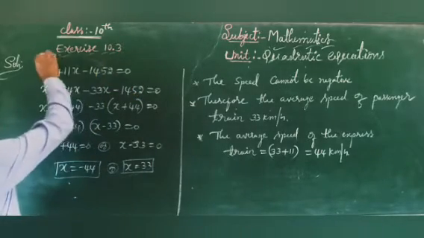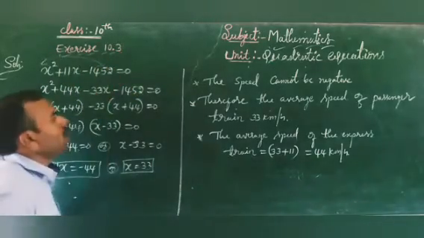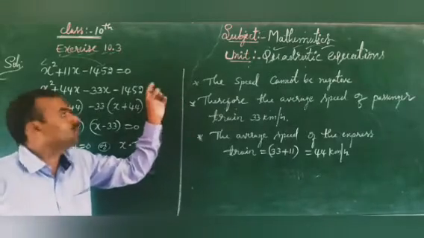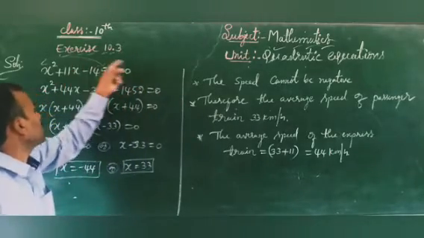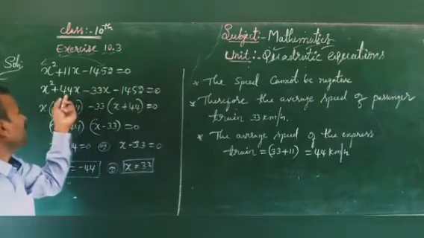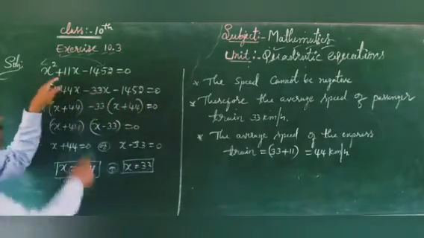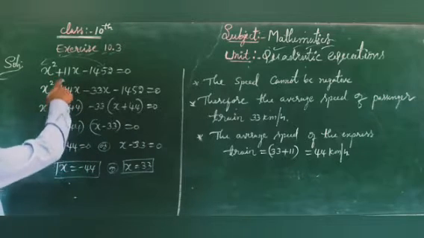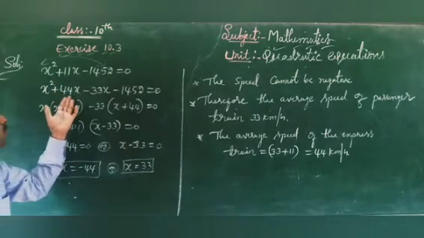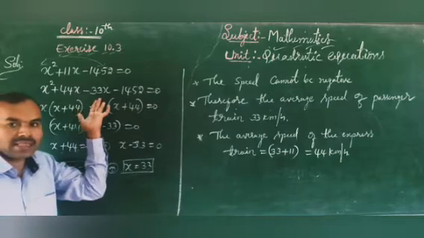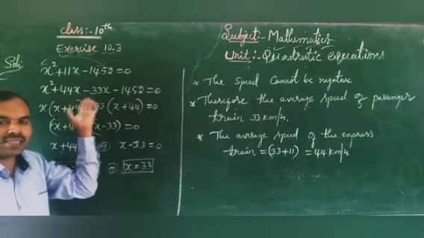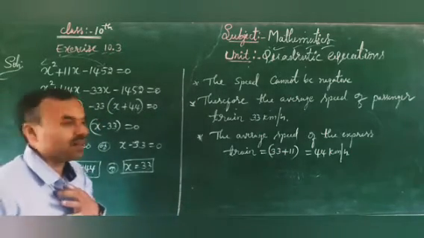Consider the product of the first term and last term, minus 1452 x square. We get the factors 44 and 33. Here 11 is there, so we take plus for the bigger term, plus 44x and minus 33x. Just cross check yourself.